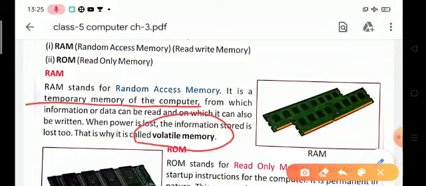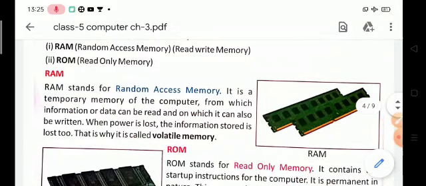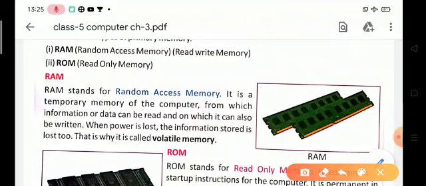Volatile means when power is lost, the stored information is lost too. That is why it is called volatile memory, and here the data is stored temporarily.